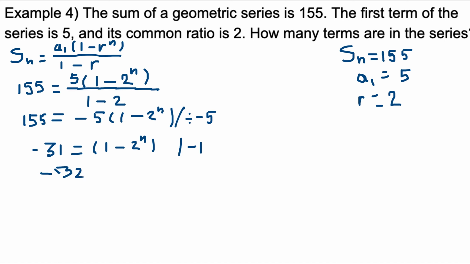So minus 32 is equal to minus 2 in exponent n. Then we multiply by minus 1, so we get 32 is equal to 2 in exponent n.